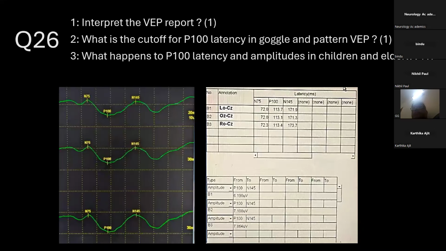What happens to P100 latency and amplitudes in children and elderly? Next question.